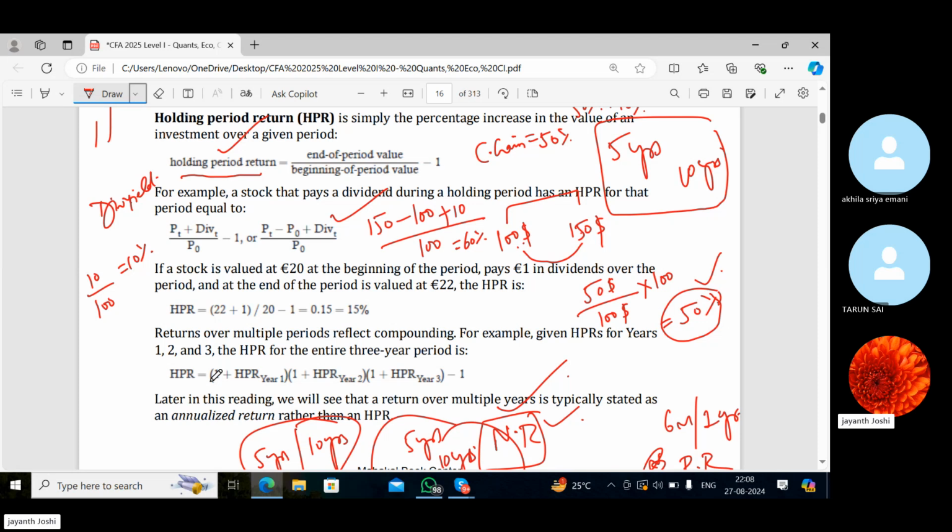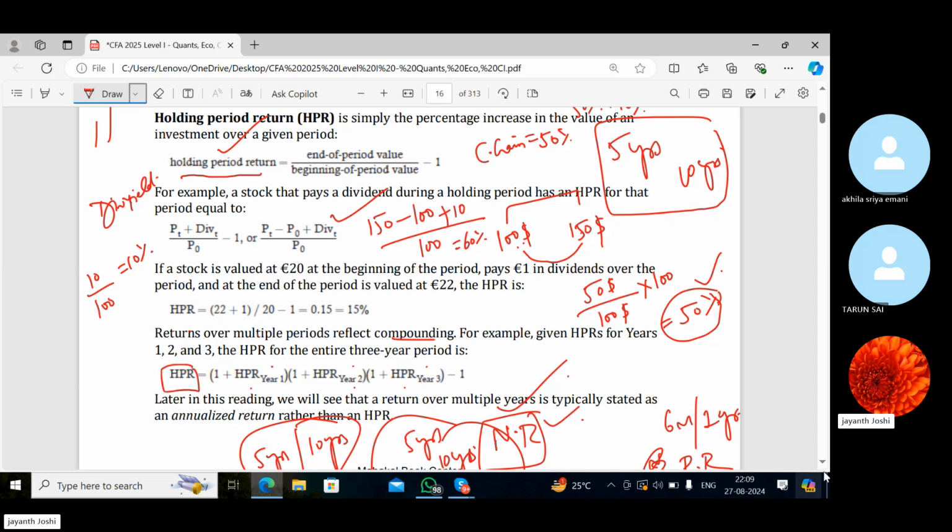Now when it comes to holding period return for multiple years, this was for 1 year itself. Now if I go for first year, second year, third year, that means I want to hold some stock for more number of years. So returns over multiple periods reflect compounding. All these returns would compound and you get a consolidated holding period return.